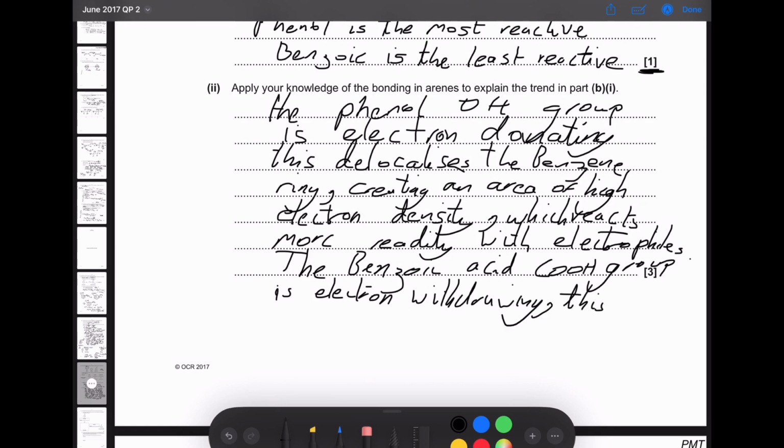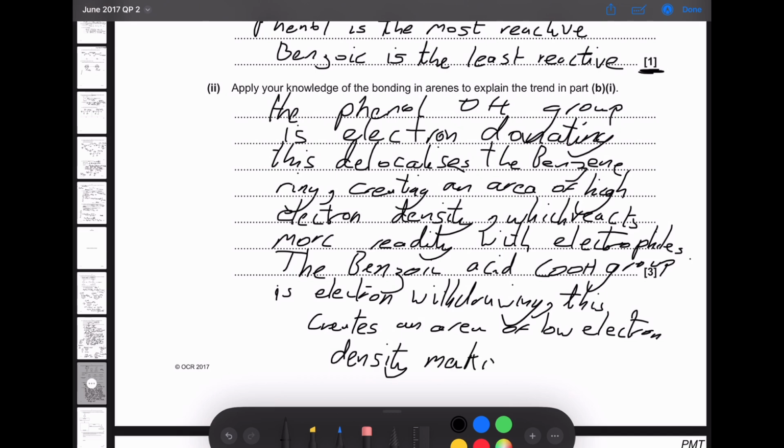This creates an area of low electron density, making it more difficult to react with electrophiles.